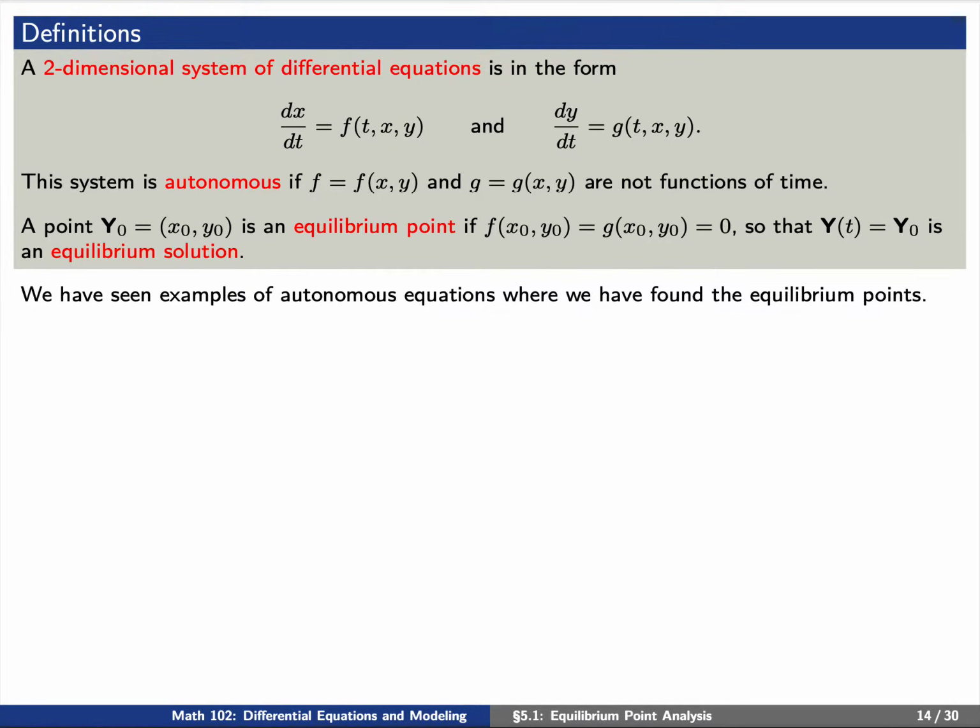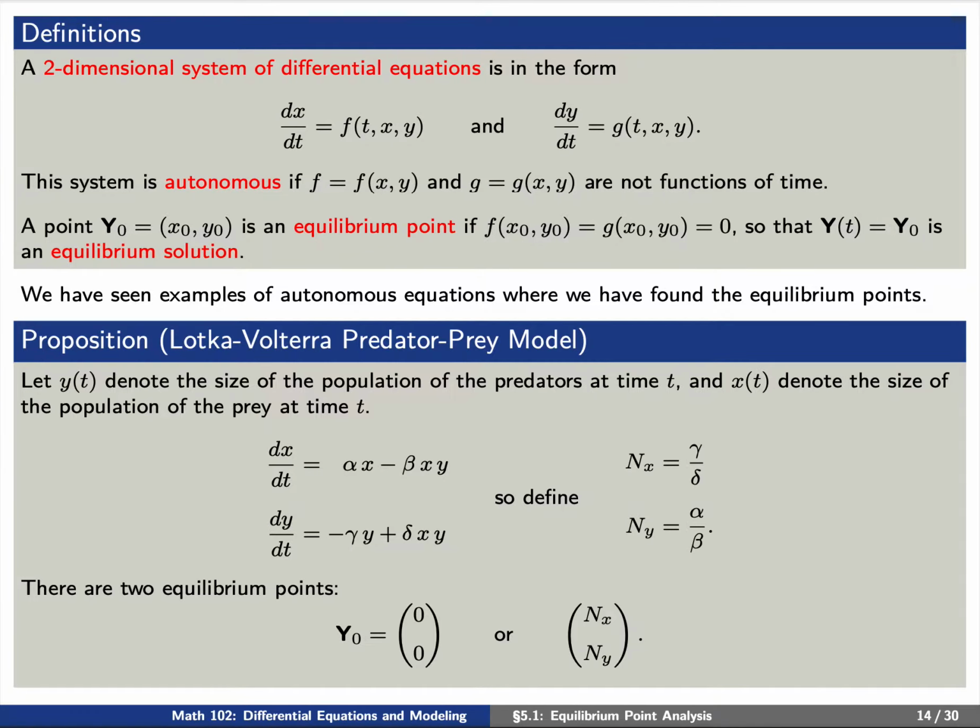We've seen many examples of autonomous equations where we have actually found the equilibrium points. We list a few of them now. First, we have the Lotka-Volterra predator-prey model. Let's say that y of t denotes the size of a population of predators at time t, and x of t denotes the size of a population of prey at time t.